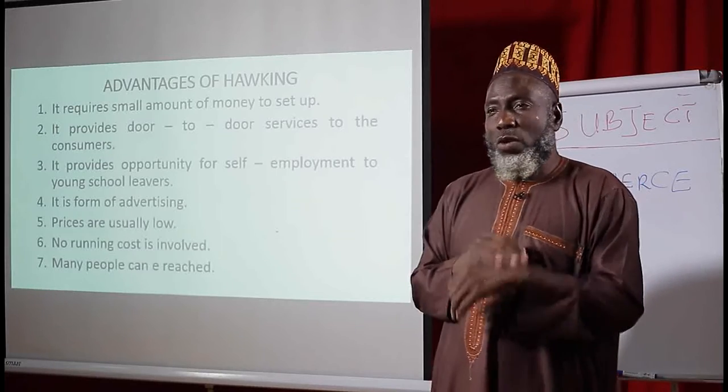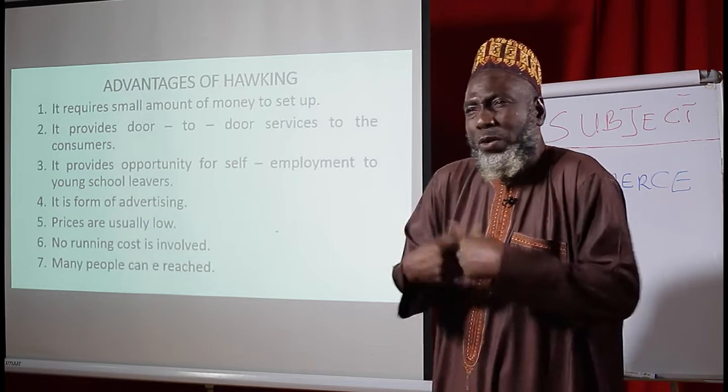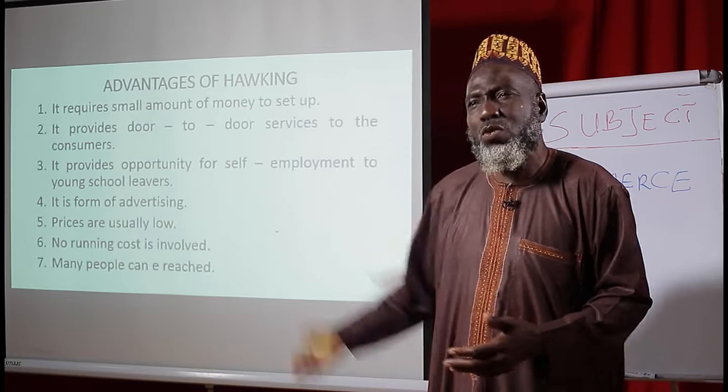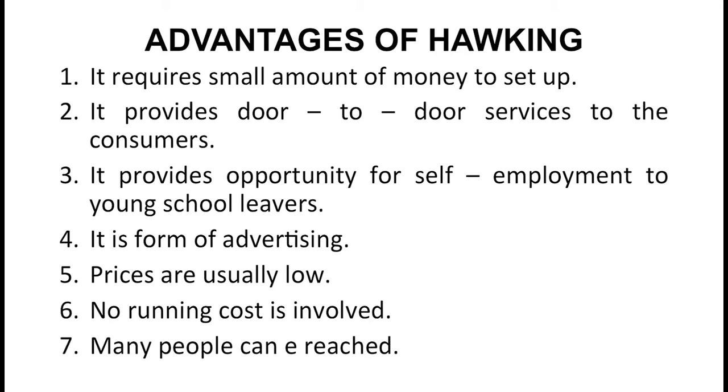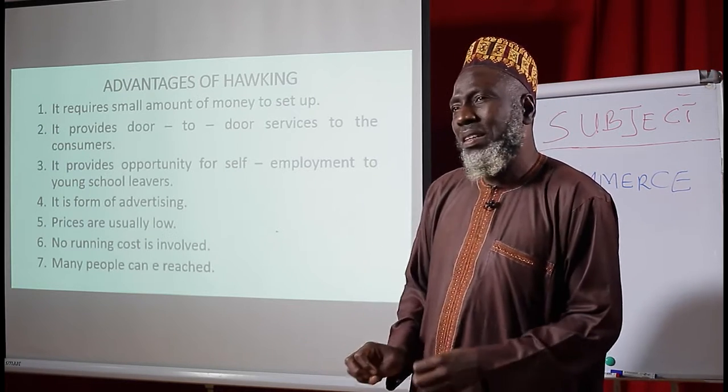Now we go to advantages of hawking. Number 1, it requires small amount of money to set up. Number 2, it provides door-to-door services. Number 3, it provides opportunity for self-employment. Many people are employed. Many young school leavers are into this. Number 4, it is a form of advertising. Number 5, prices are usually low. Hawkers sell their goods low.